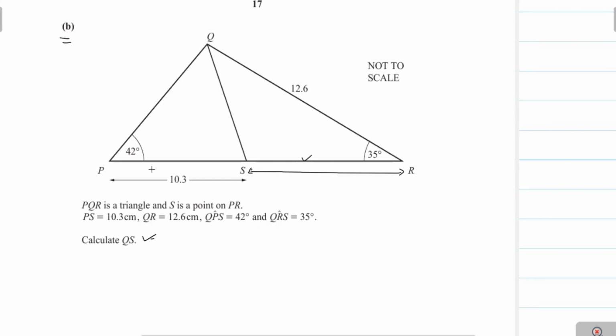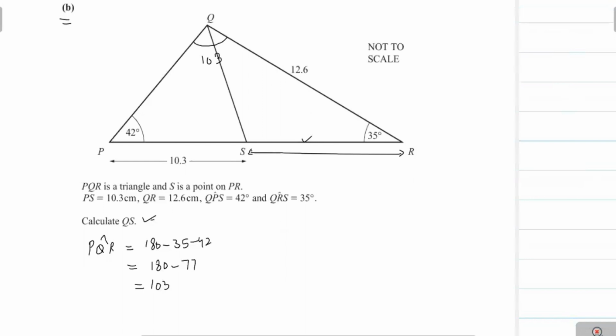You see here, in triangle PRQ, this angle PQR is equal to 180 minus 35 minus 42, because the sum of interior angles of a triangle is 180. Therefore, this angle will be equal to 180 minus 77, and this is 103 degree. When we calculate this angle 103, we can find the length PR. After calculating length PR, we subtract PS from PR, we can find SR length.